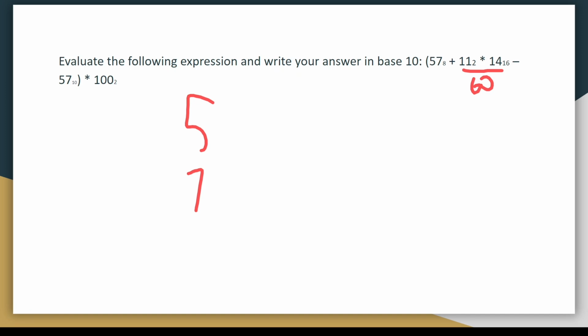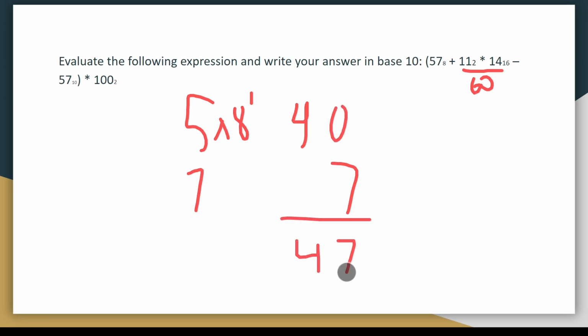So 7 times 8, but it would be power 0, so it's just 7. 5 times 8 power 1, that's 5 times 8. Anything power 1 is the same as the number itself. So this is just 40, so it's 47.